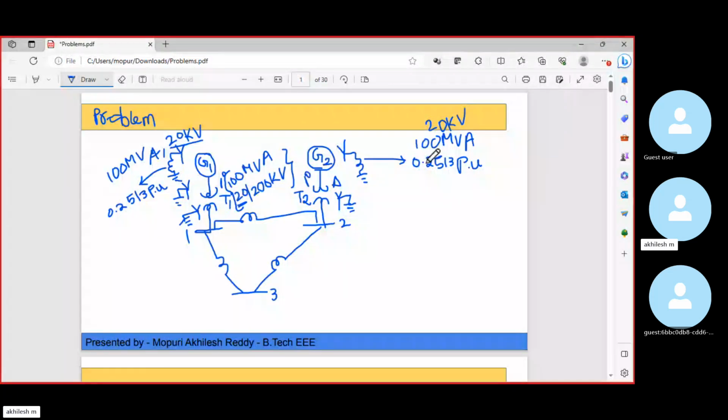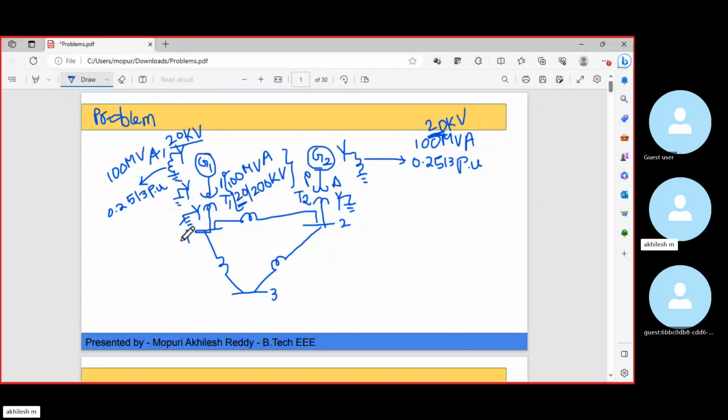So the primary kV rating of transformer 1 should be nearly equal to the kV rating of generator 1. Similarly, the primary rating of transformer 2 should be nearly equal to the kV rating of generator 2. So both transformers T1 and T2 are having a rating of 100 MVA and 20 by 200 kV. This is for both transformer 1 and transformer 2.